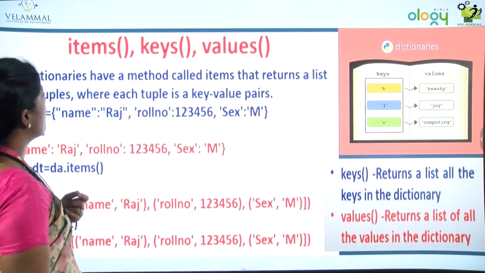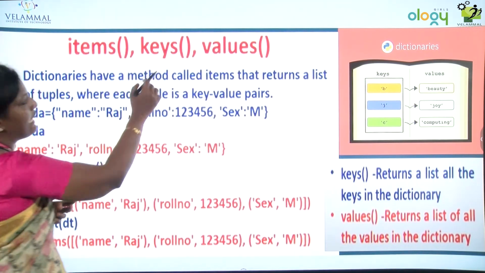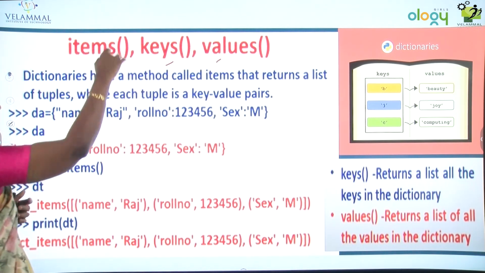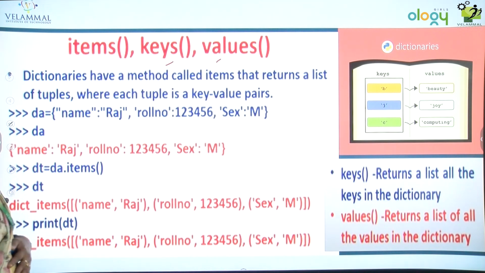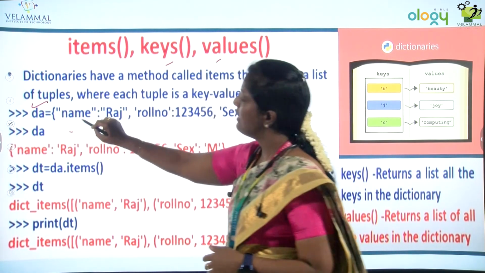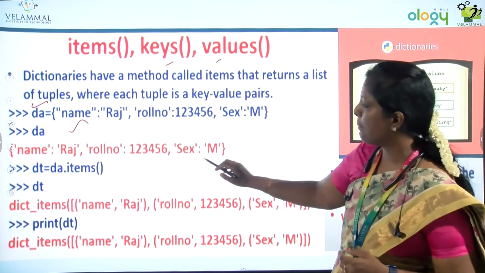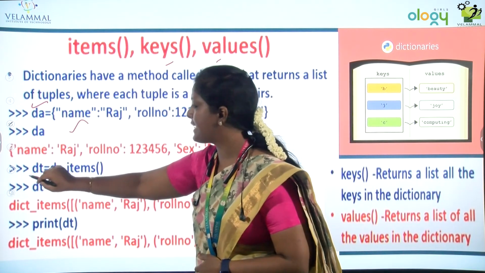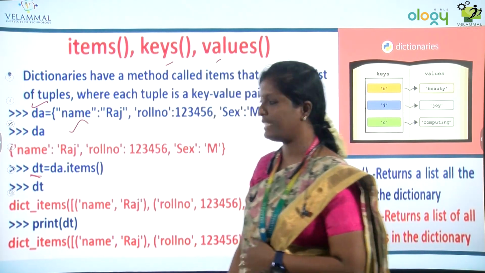Next, we are going to see about items, keys, and values. This is going to process the same way. So we'll see what items is. Again, we are taking the example as da, right? Again da. Now you're printing it. Now I'm going to have it with the new variable dt. The new variable is dt.